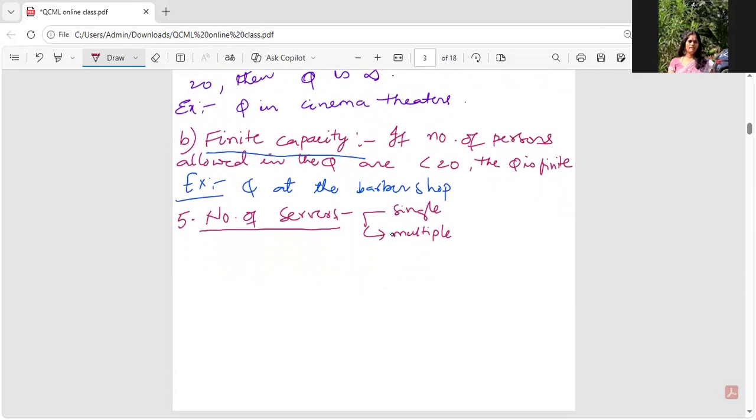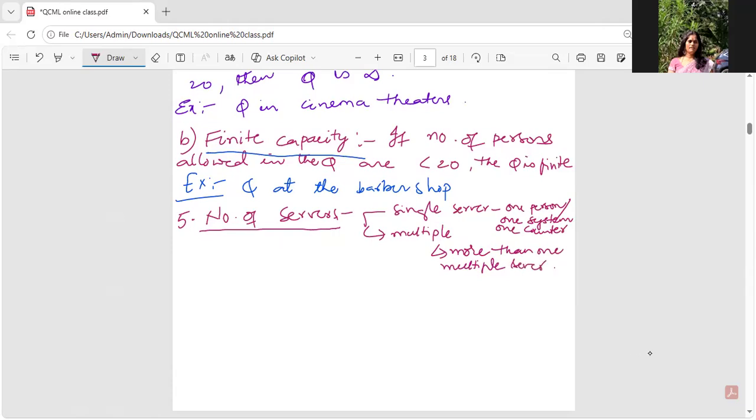Single server means just one person or one system, or one counter, like the ones we come across in a bank. If the number of servers in the system is equal to one, it is a single server model. More than one is called a multiple server model.